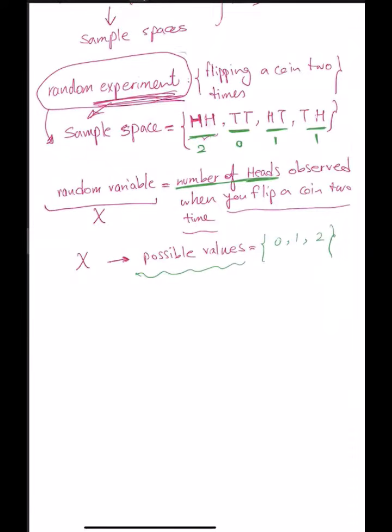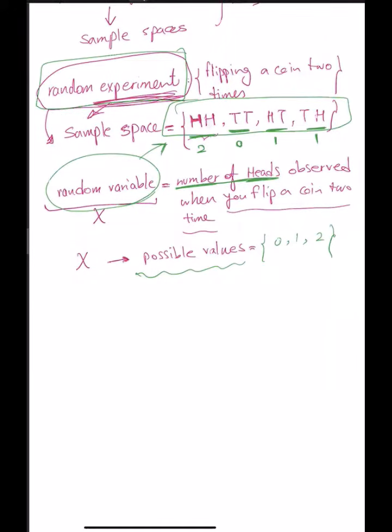So I look at one experiment, I look at possible outcomes of the experiment, and then we can define different random variables that can quantify the outcome of this experiment. I could say number of heads, I could say number of tails, I could say a number of times that at least one tail is observed and things like that.